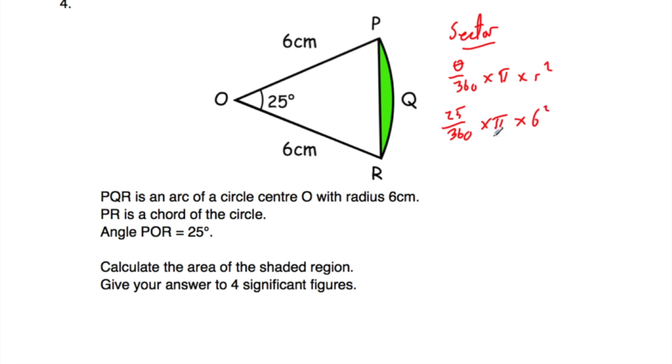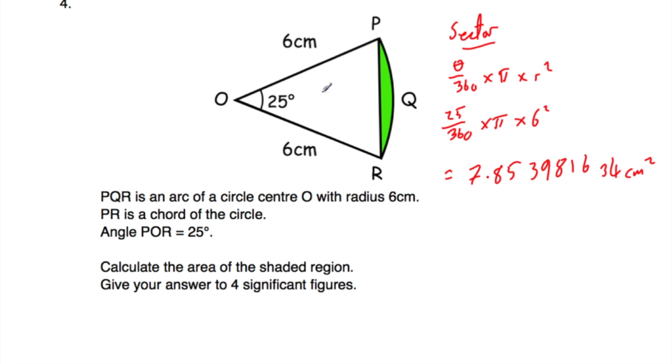And whenever we work that out, we get that's equal to 5 over 2 pi, or as a decimal number, 7.853981634 centimeters squared. So the area of this whole sector is 5 over 2 pi, or 2.5 pi, or 7.85 and so on centimeters squared.